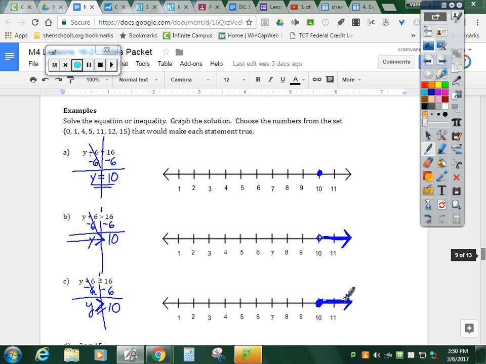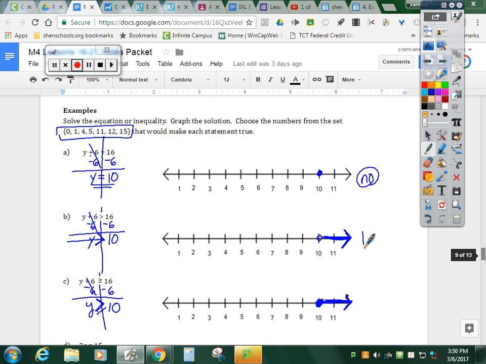Now for the set, I'm going to take these numbers and see which ones make each statement true. So for this one, y is 10. 10 is not in my number set, so there's no answers from the number set that make this equation true. Letter B, I'm looking for everything greater than 10.